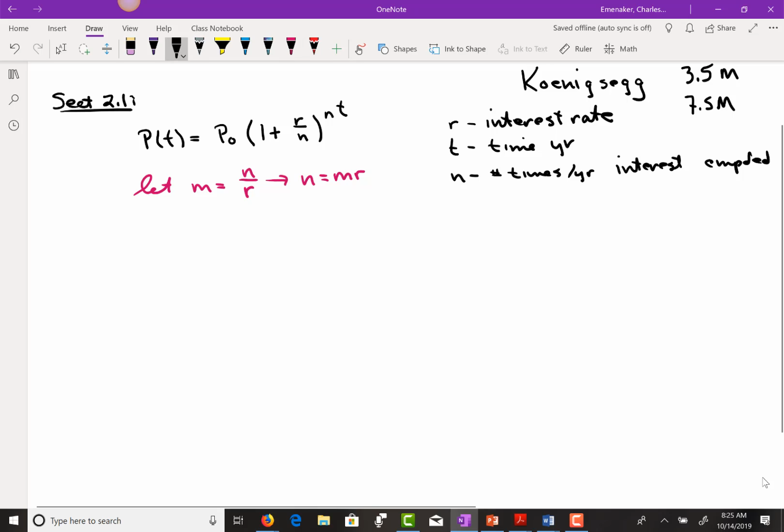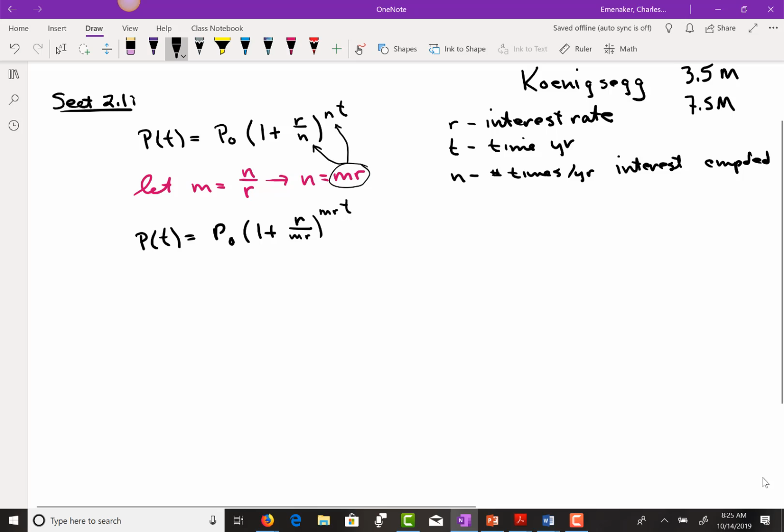What that allows us to do then is to rewrite P of t as P sub 0 times 1 plus r over, now in place of n, we're going to put m times r, all raised to the power n t, which becomes m r t.